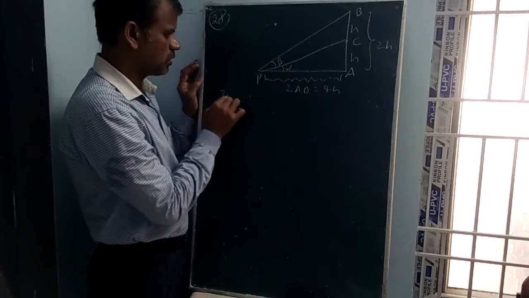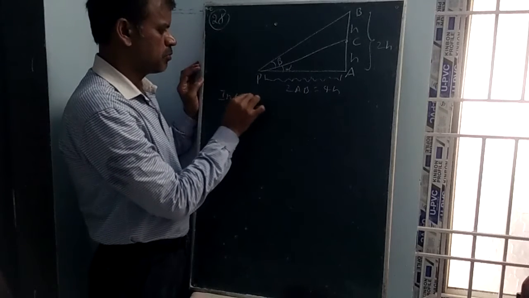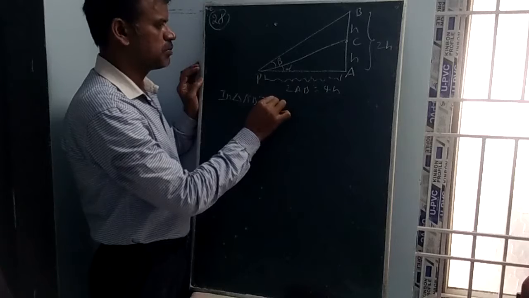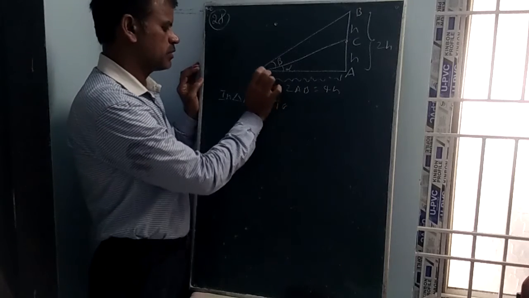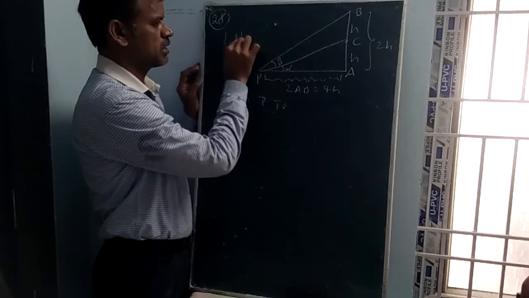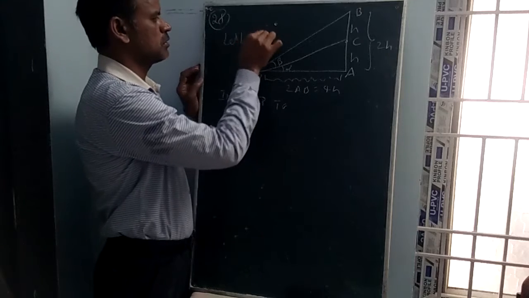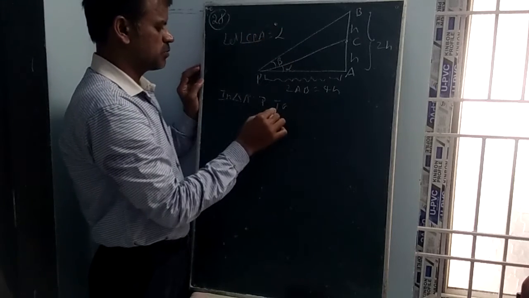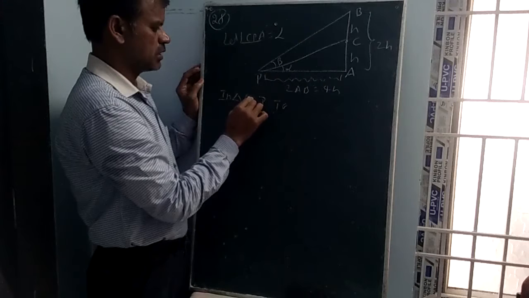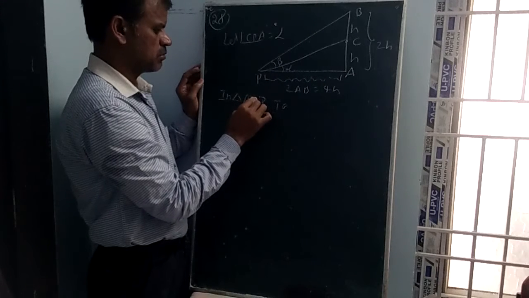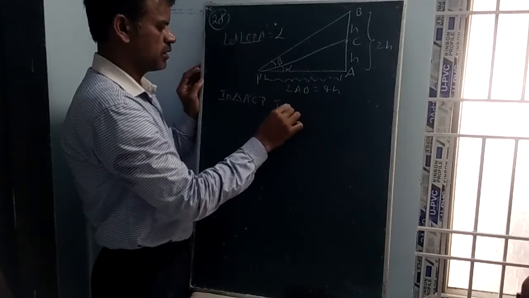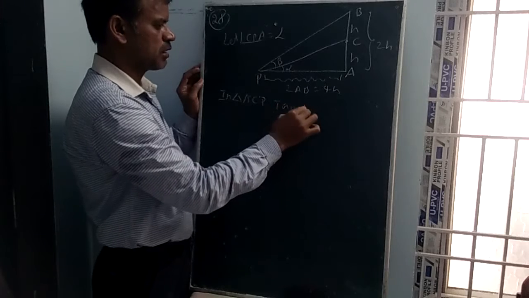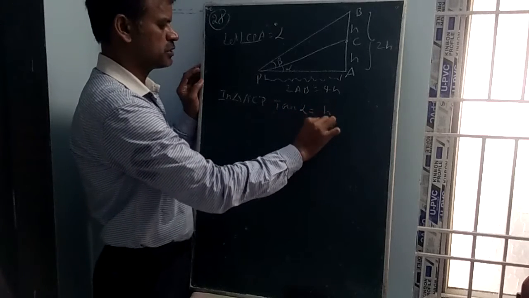Now in triangle ABP, first let us write, I am writing let angle CPA is equal to alpha. In triangle ACP, tan alpha equal to H by 4H.